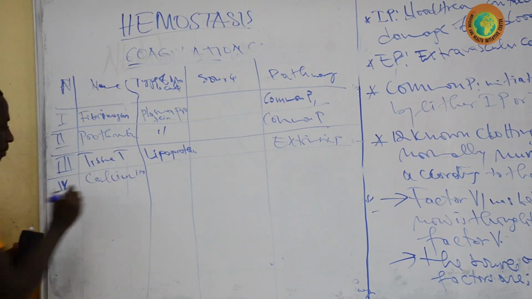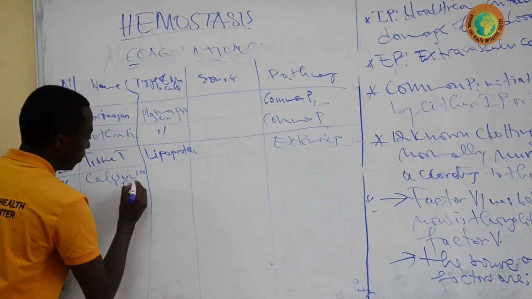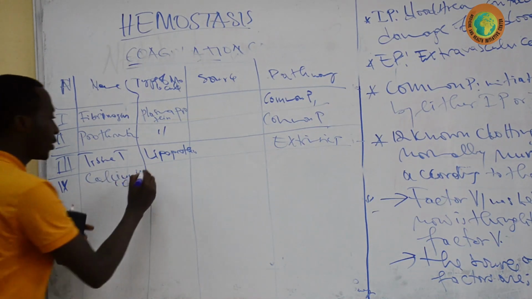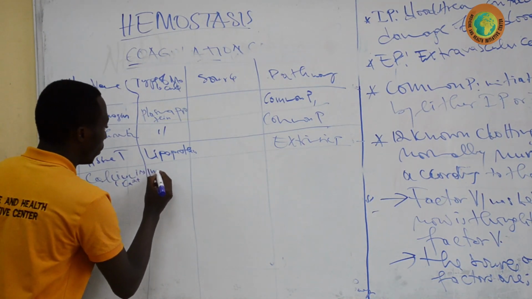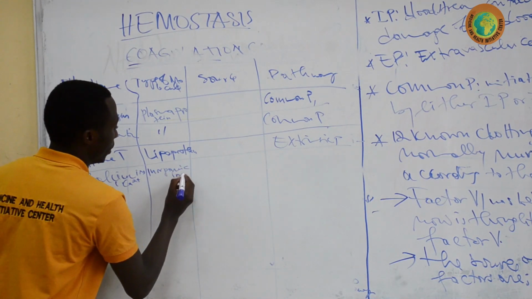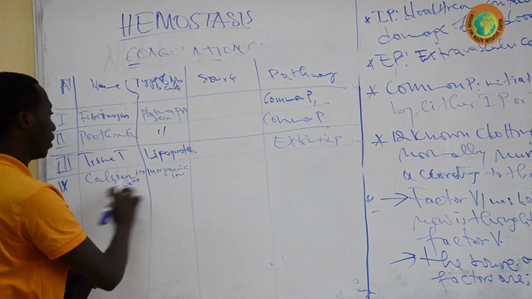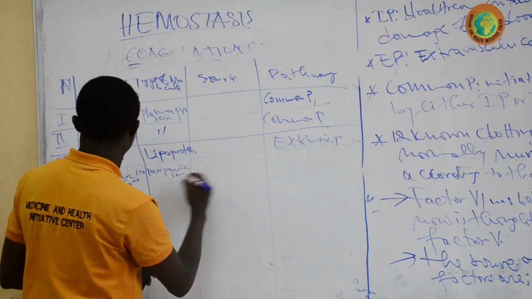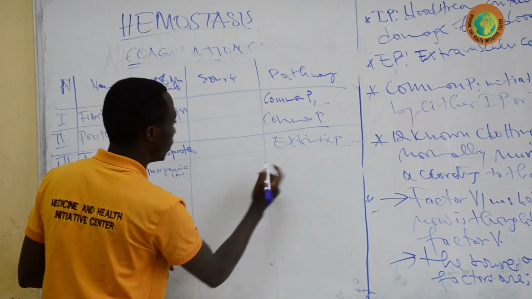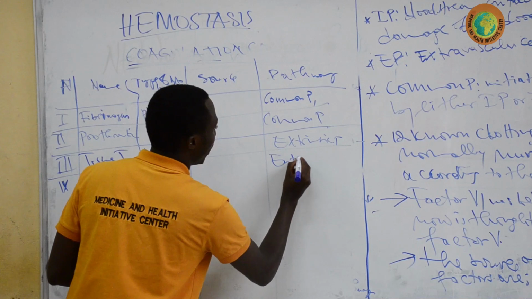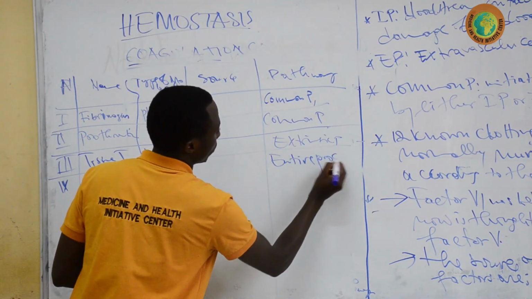Factor 4 is calcium ion, which is a plasma inorganic ion. The source, let me skip it, I will talk about it later. It acts in the entire process.